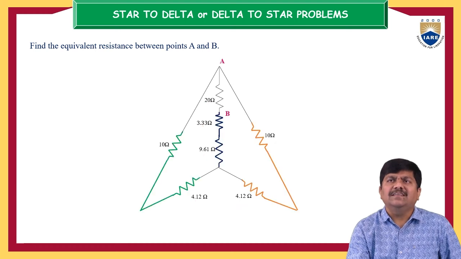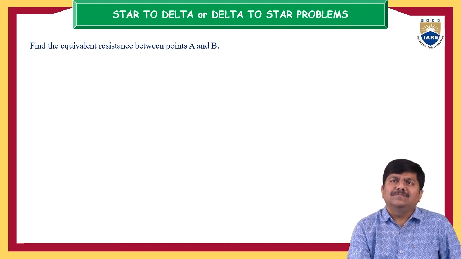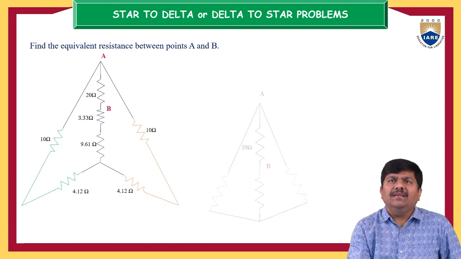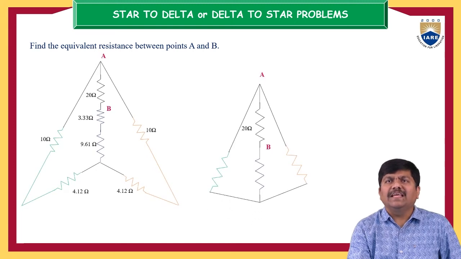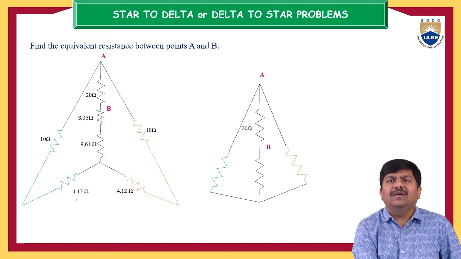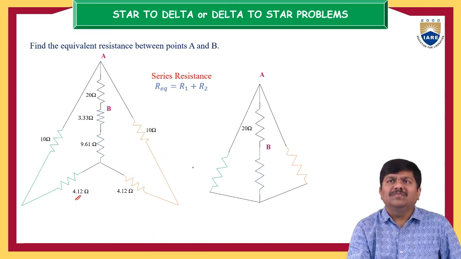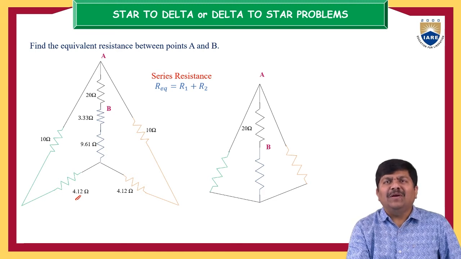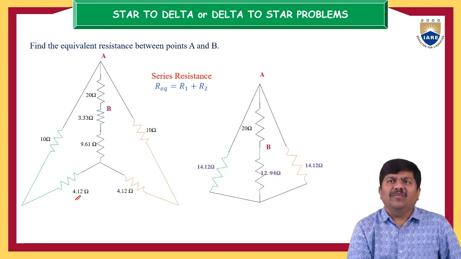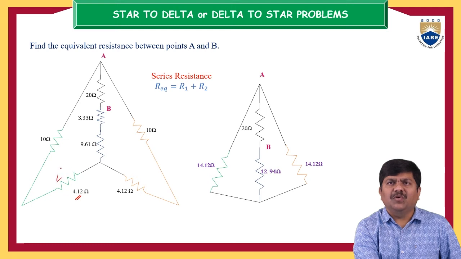Finally, the resistances are this 4.12 and this 10, collectively 14.12. The formula used is the fundamental one: if connected in series, R equivalent is equal to R1 plus R2. So this outermost resistance is 14.12.